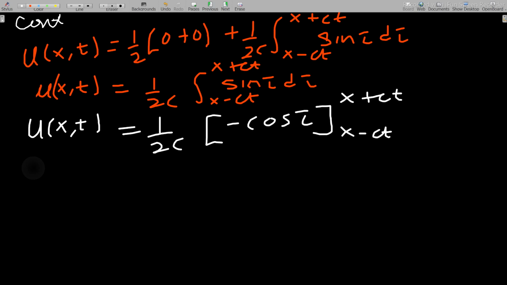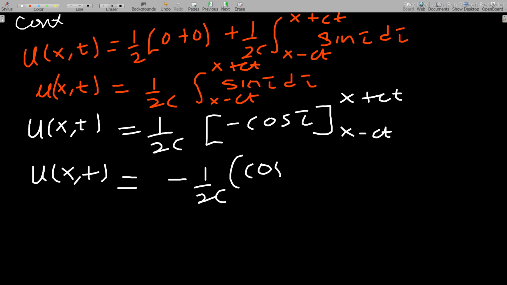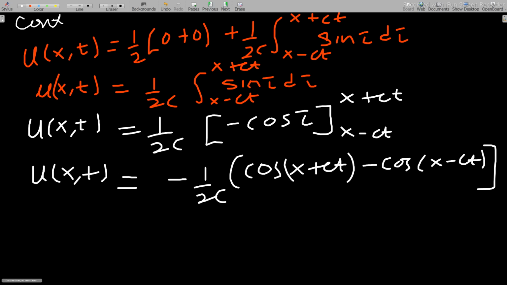If I put everything in, I get u(x,t) equal to negative 1/(2c) times the bracket cos(x+ct) minus cos(x-ct). Alright, so this is the final answer.